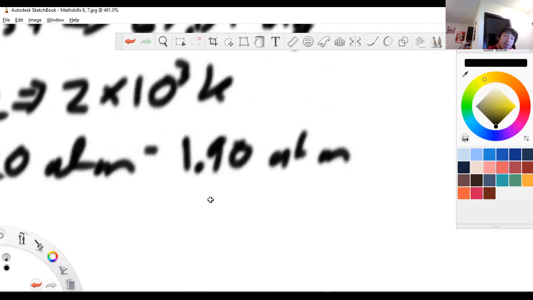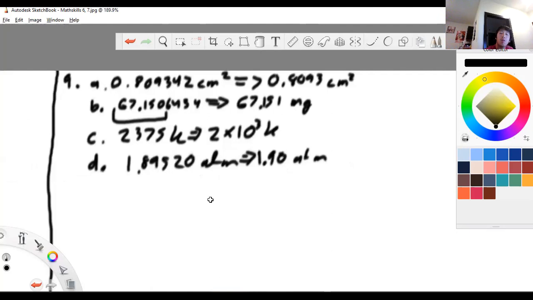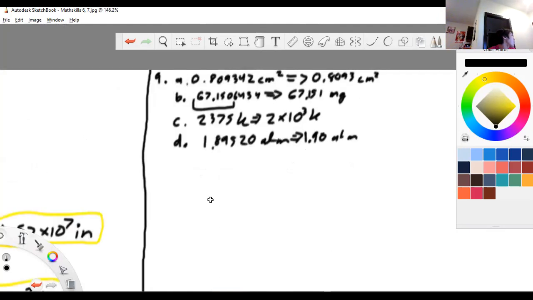Atmospheres. Then we're back to our fun Excel break.